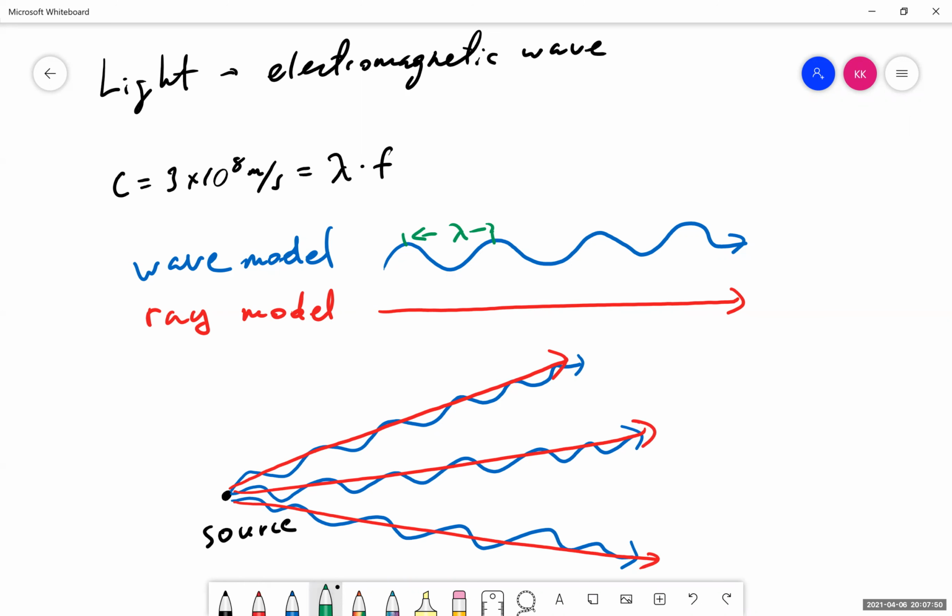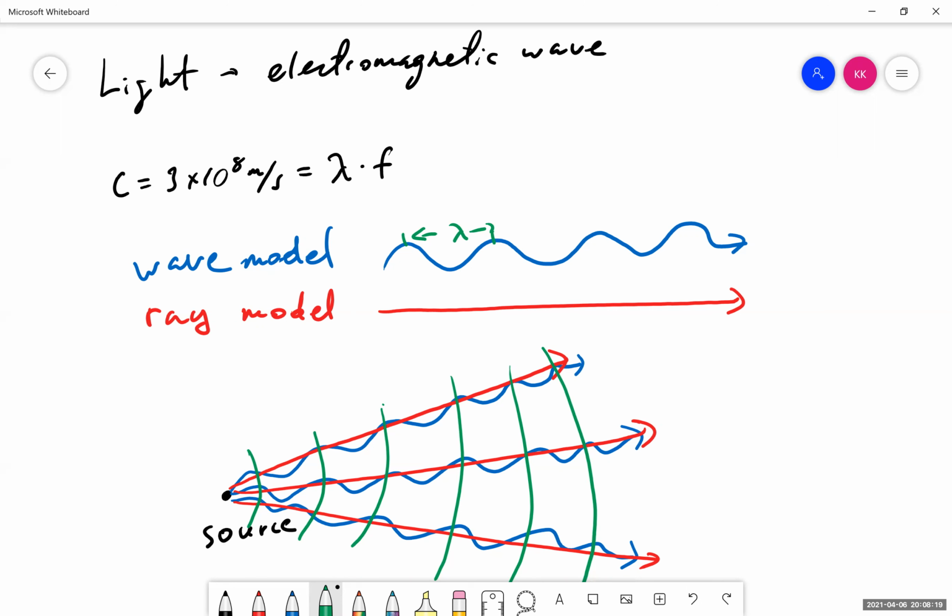And we can use what we call wave fronts, where the green line represents the crest of those waves. So those green lines are the wave fronts. Halfway between them is the trough. So those are the crests, and halfway between those green lines is the trough.